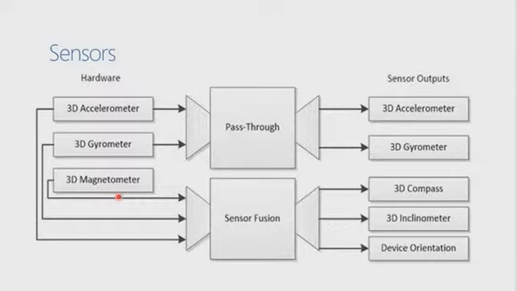And the 3D compass is not just based on the magnetometer, it's based on the collaboration between the magnetometer and the gyrometer and the accelerometer. But you don't have to do that math. All you have to do is access the compass, and whether your device is laying flat or at an angle, which could increase the amount of math that needs to be done, it's going to be able to tell you what your heading is. So pretty exciting. Anyway, that's the way the sensors work.